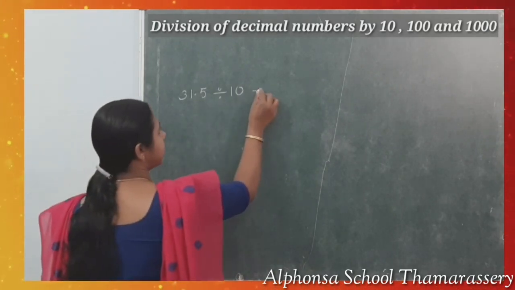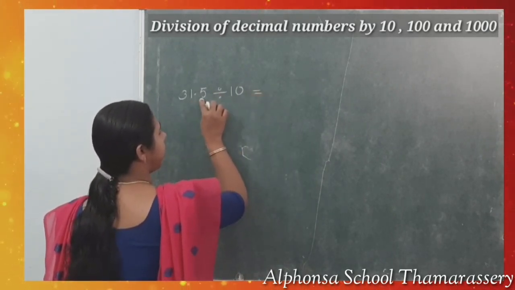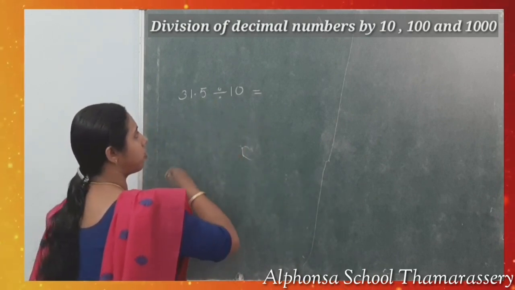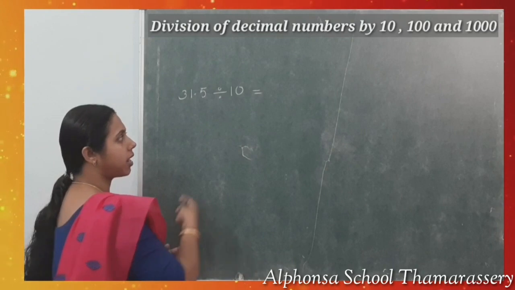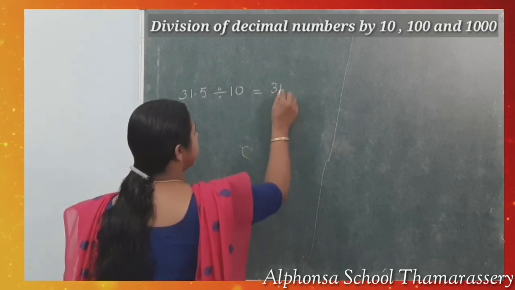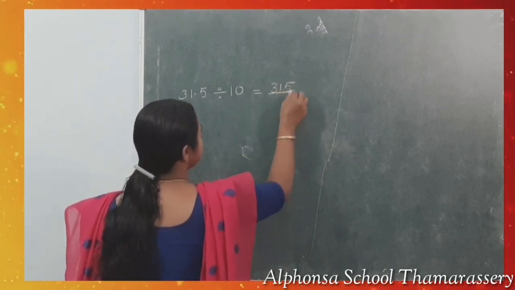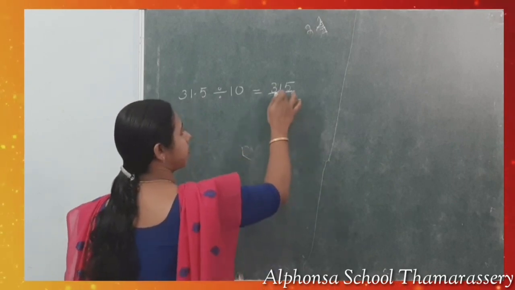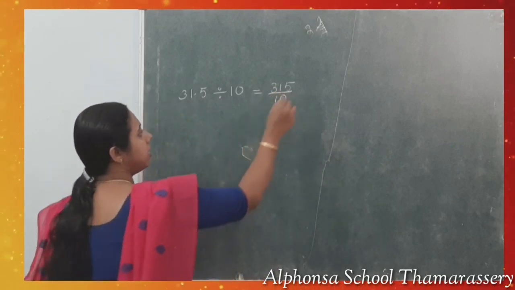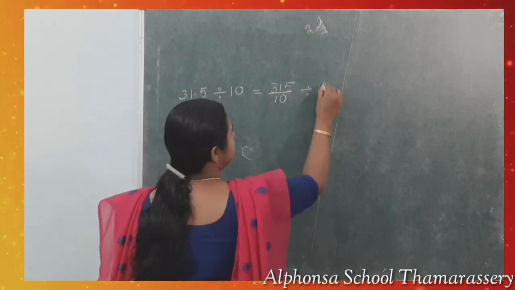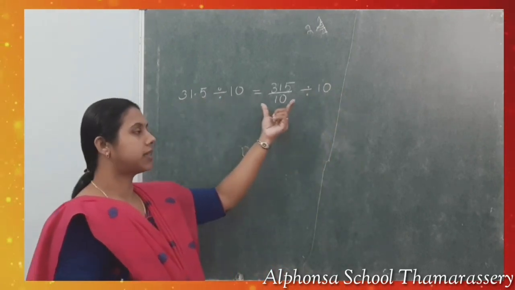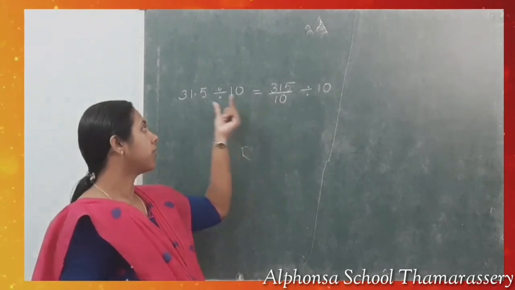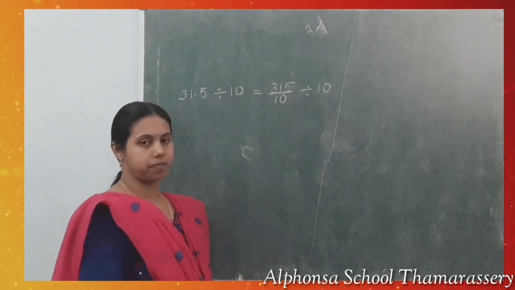So we can write 31.5 in the fraction form, only one decimal place, as 315 by 10, and we want to divide it by 10.